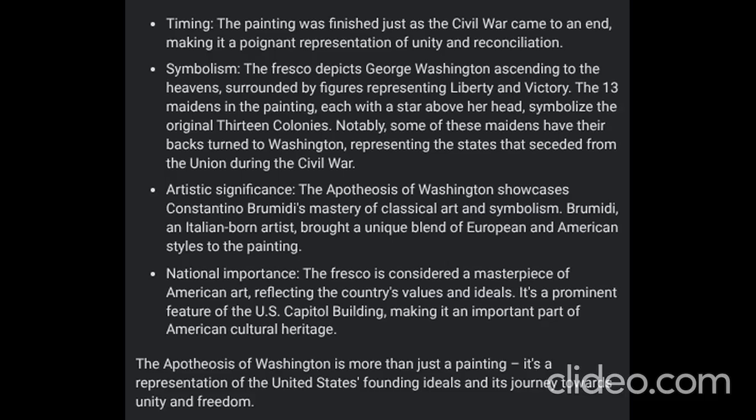William Henry did an excellent show. He had a series, but if you can find it somewhere in his material, he did an excellent show on the apotheosis of George Washington.